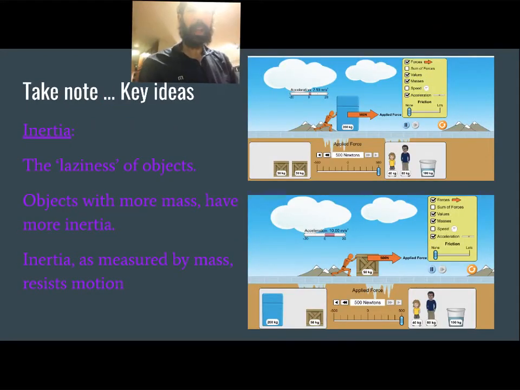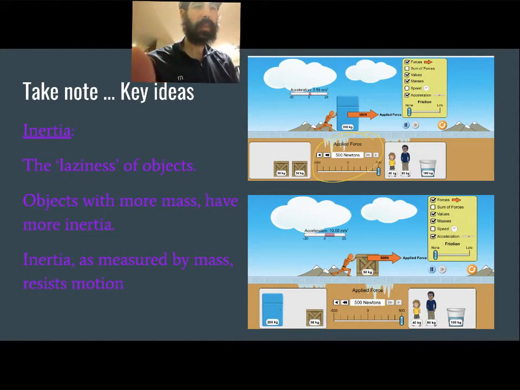In this slide, I want you to think about the idea of inertia, that is, the laziness of objects, the tendency of objects to keep doing what they're already doing, whether that's moving or standing still. Notice that inertia is related to mass, and that inertia resists motion. Here's an example.